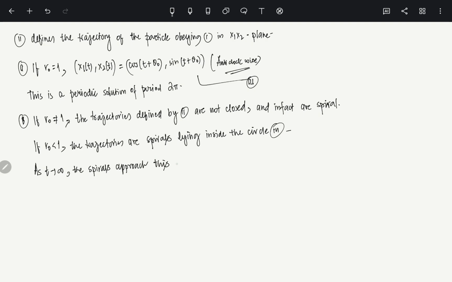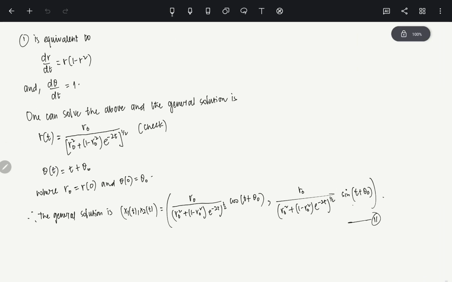The circle given by 3, this trajectory given by 3. Now what happens when t tends to minus infinity? This becomes infinity, so the whole thing goes to 0, so basically this goes towards 0 0, which is nothing but the critical point of the system.